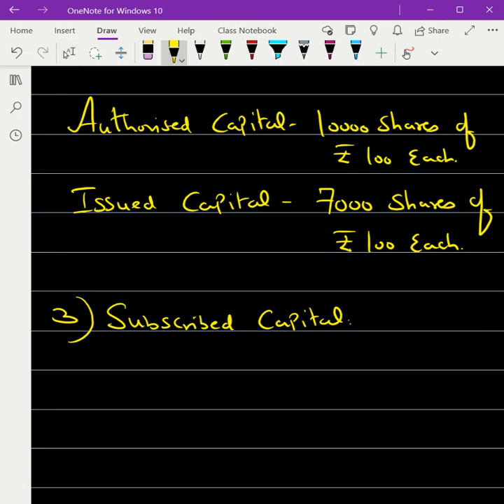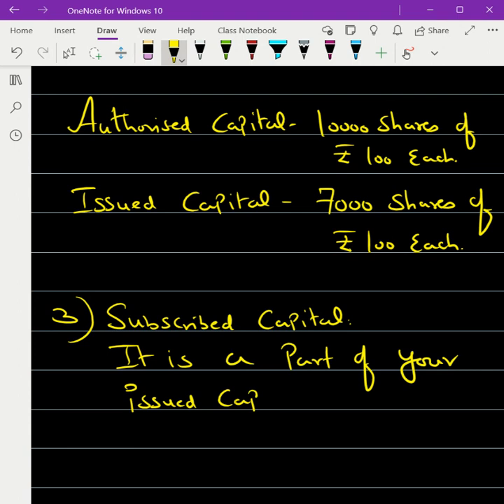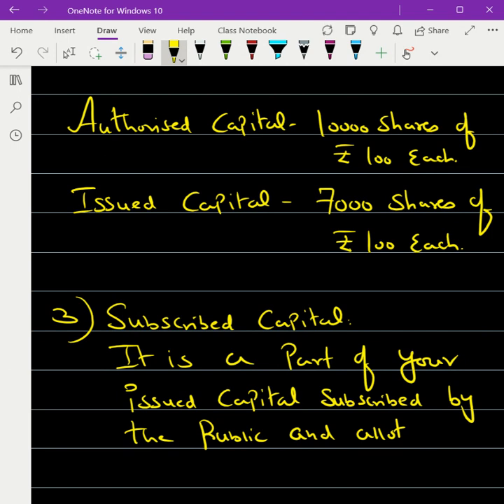So subscribed capital is nothing but a part of your issued capital, subscribed by the public and allotted by the company.